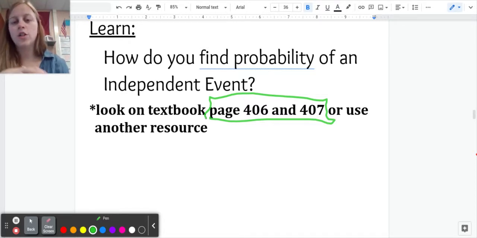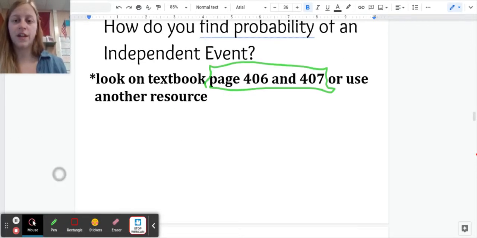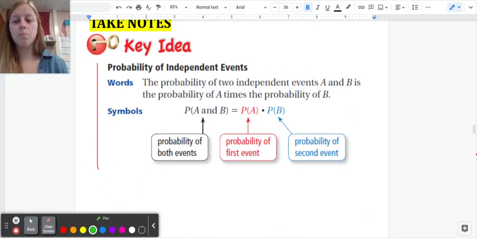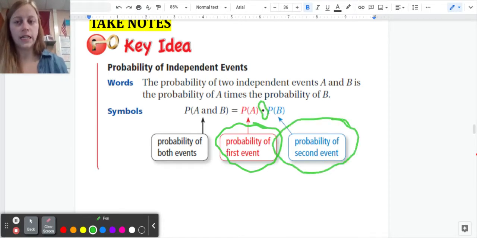In the past couple of days, you learned the probability of one thing happening. But now we're going to find the probability of 2 separate events happening. And we do that by multiplying the 2 probabilities together. So you find the probability of the first event happening times the probability of the second event happening.